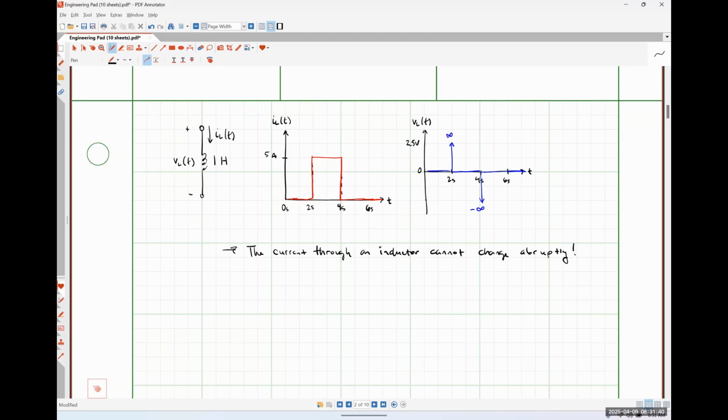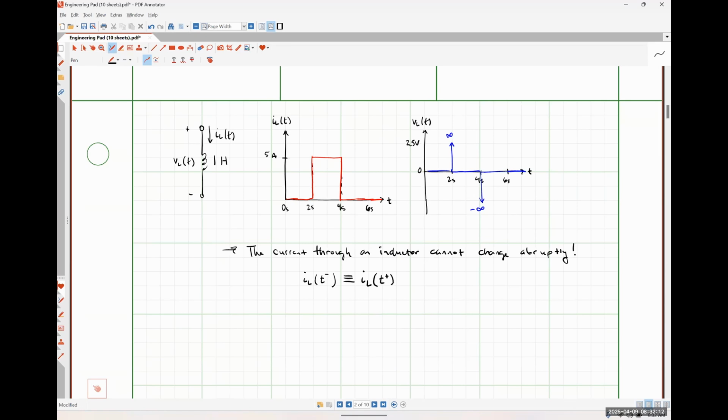And I'm going to give us a mathematical relationship that's going to help us sort this out, okay? So what I'm going to say is that IL at t minus, so that means as we're approaching any point in time from the left, must be equal to IL at t plus, as we approach that point in time from the right.